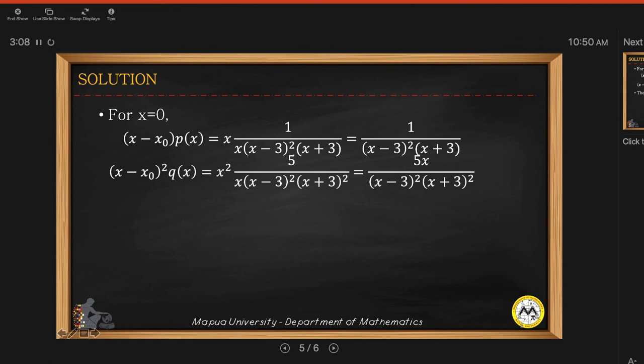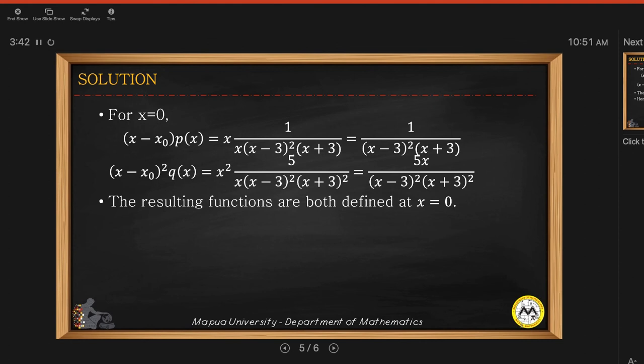And for the second condition, we multiply q of x by the square. So we have x squared multiplied by q of x. So x here will cancel out, so that will give you 5x over the square of x minus 3 and the square of x plus 3. So in this case, the function is also defined at x equals 0.